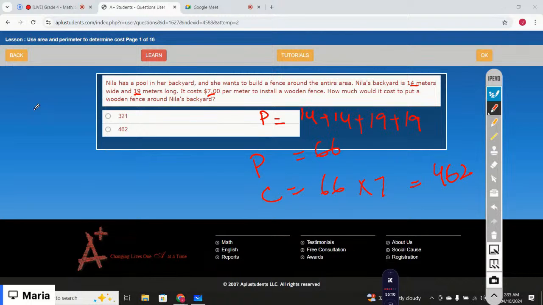Yes, you are adding and then you are multiplying.